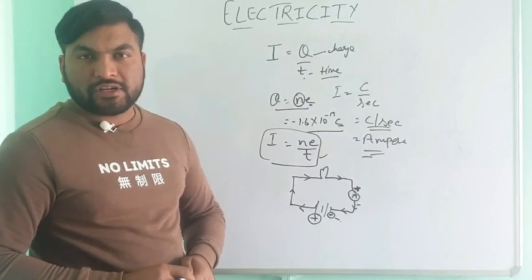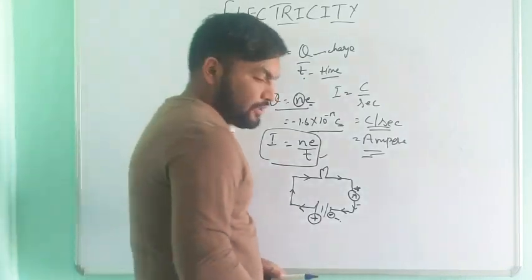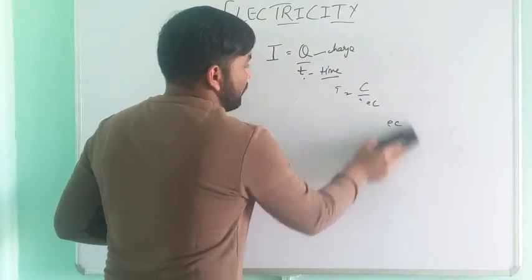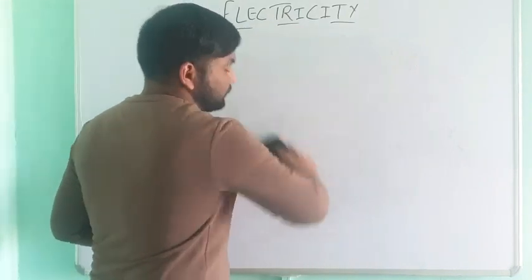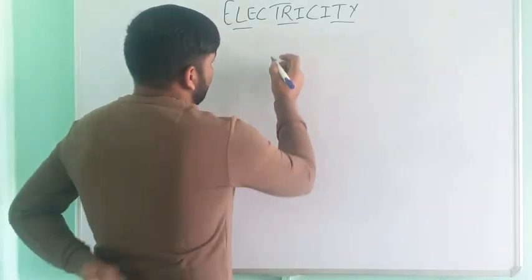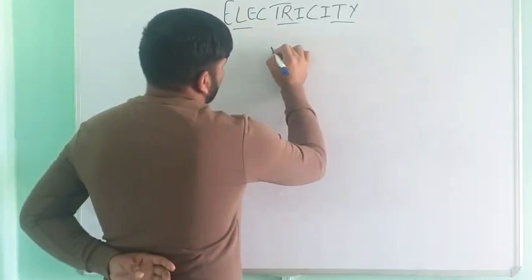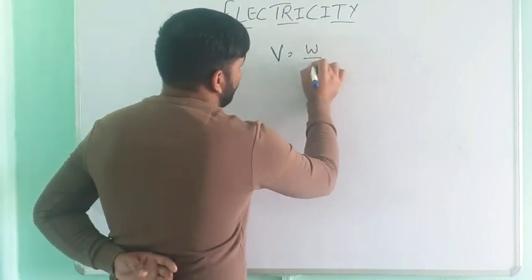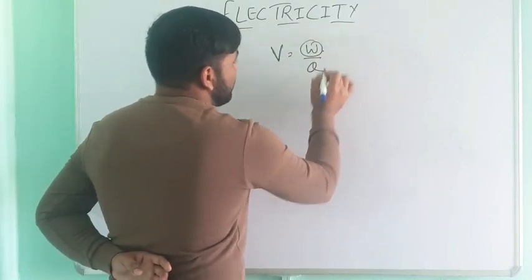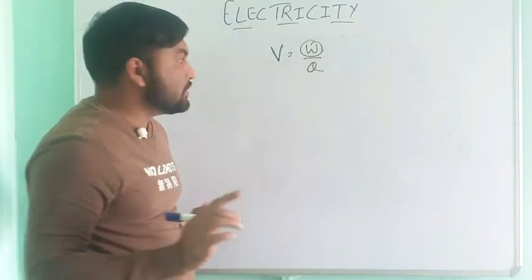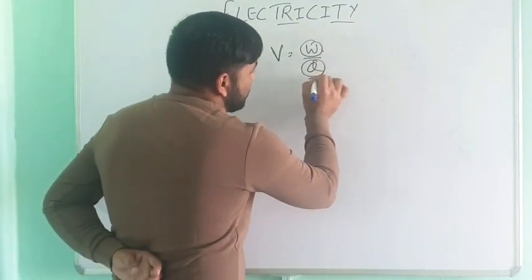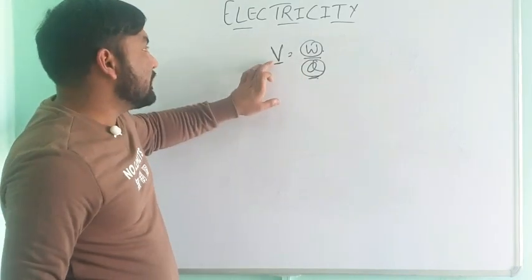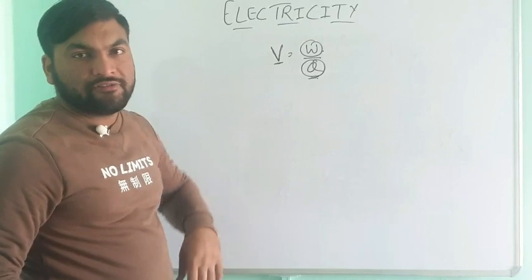Electric potential is denoted by the symbol V. So V is equal to W by Q. Here W is the work done on the unit charge, Q is the charge, and V is the electric potential, or we say electric potential or potential difference.